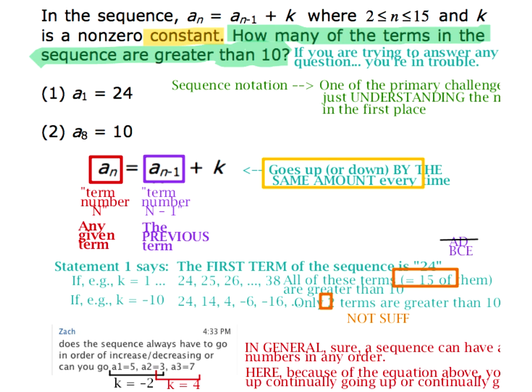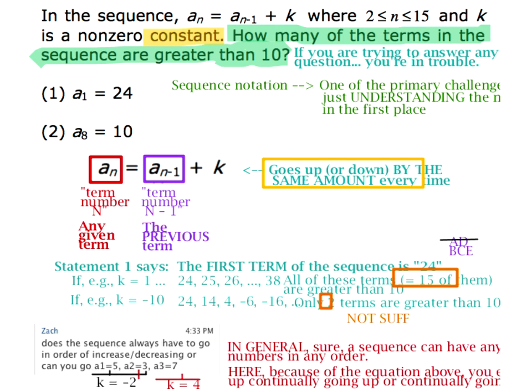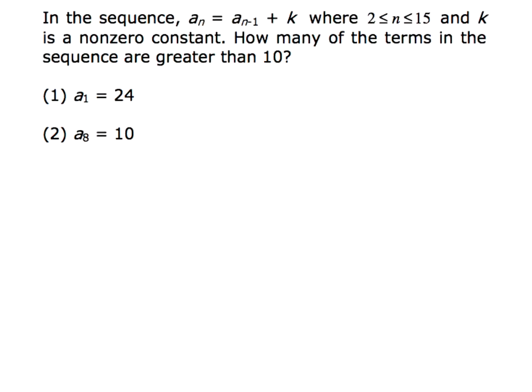Okay, let's look at statement 2 real quick. That was sort of a weird thing. Let's take this over to the next page. All right, there's the problem. Let's look at statement 2. Statement 2 says that A8 is 10.